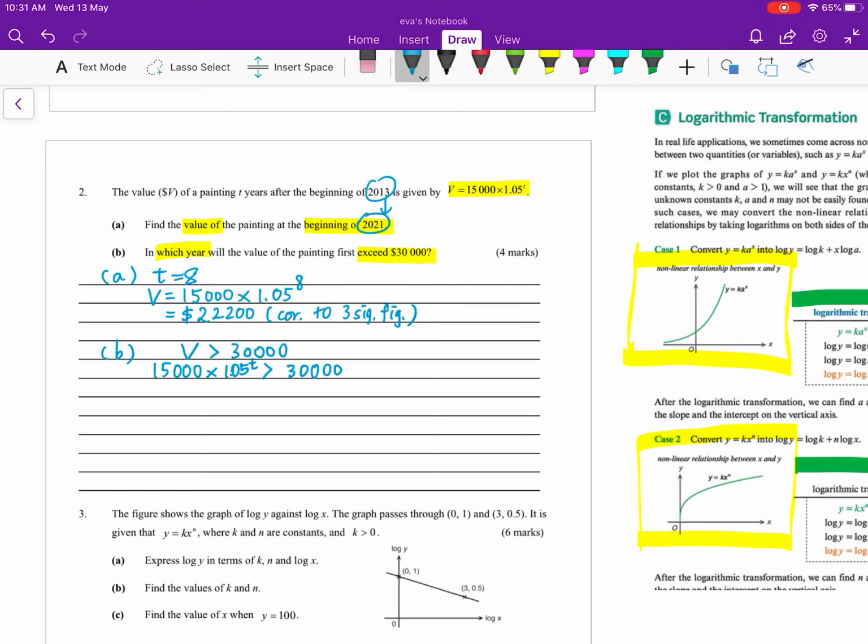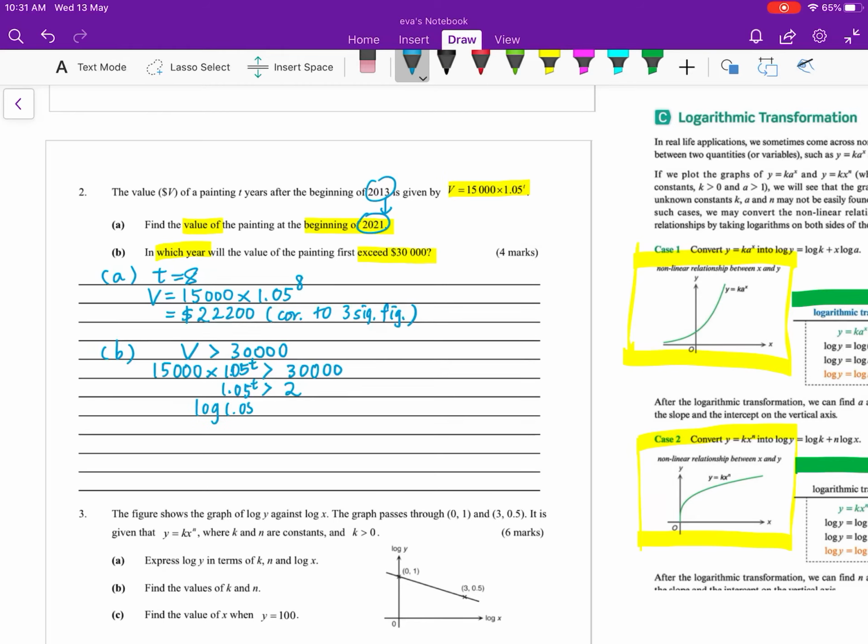As we see, the T, the unknown, is in the index, so we have to take log to find it out. Just do the simple calculation first: 30,000 over 15,000, which is 2, and then we take log for both sides.